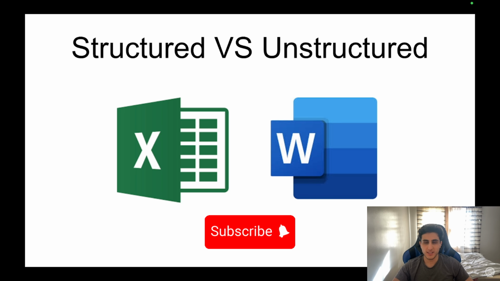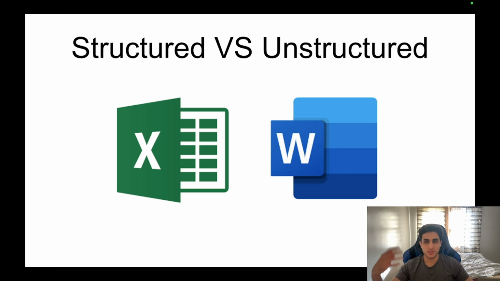Hello everyone, in this video I want to show you how you can use RAG on your Excel files and your Google Sheets files. We call Excel and Google Sheets files structured data because they follow a certain structure, and we call things like Word documents and PDF documents unstructured data because they do not have a structure.